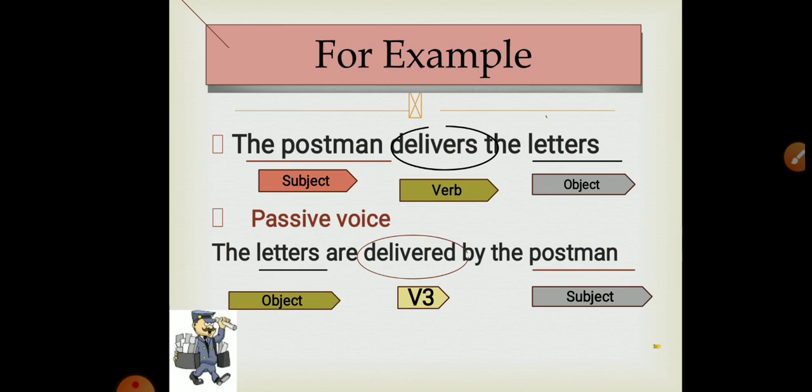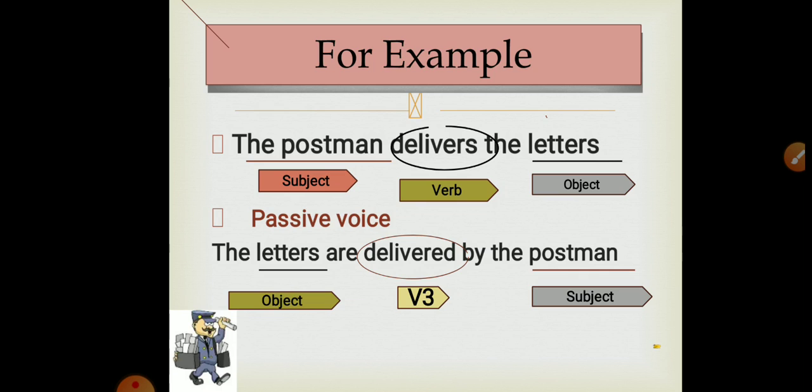Now what is the rule to convert from active to passive? Very first, whatever object is there, we have to place it first, meaning the letters will come first.